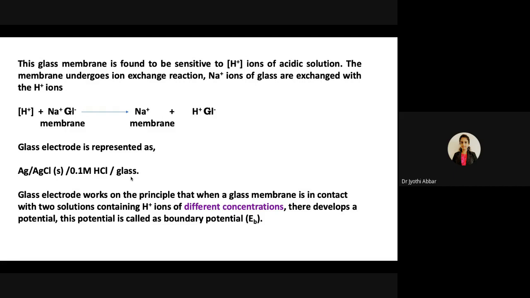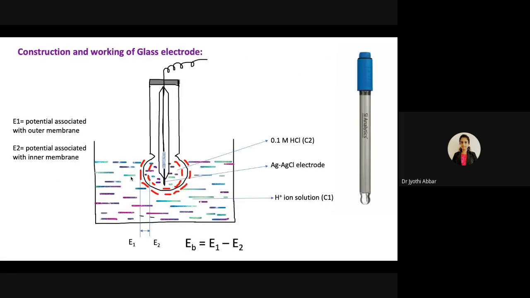So what is the principle for this glass electrode to work? Inside the bulb, it's filled with which solution? HCl solution. So it's filled with 0.1 M HCl solution. Outside the bulb, it is in contact with which kind of solution?